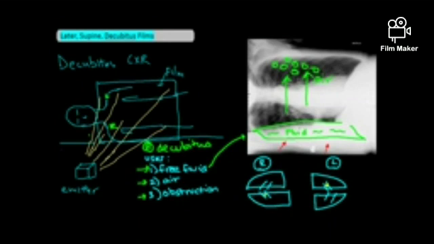And the last thing you can do with a decubitus film is to check for lung obstruction. And so how you would do that is you would have to take both a left and a right decubitus film. And so let's say the patient has an obstruction in his right lung. And so normally there's the dependent lung, which is the lung on the bottom, and there's the non-dependent lung, which is the lung on the top.